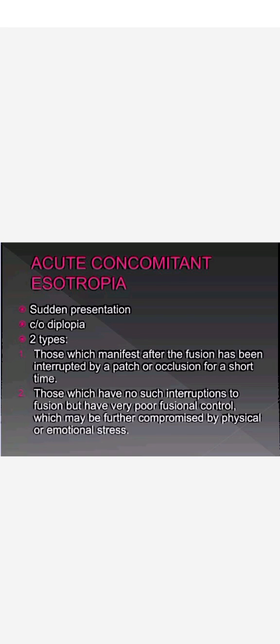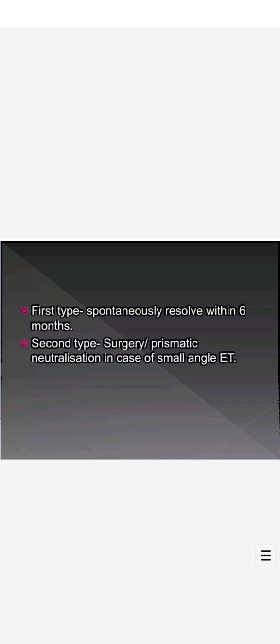Two types: those that manifest after fusion has been interrupted by a patch or occlusion for a short time, and those with no such interruption but very poor fusional control, which may be further compromised by physical and emotional stress. The first type resolves spontaneously within 6 months. The second type needs surgery or prismatic neutralization in case of small angle ET.